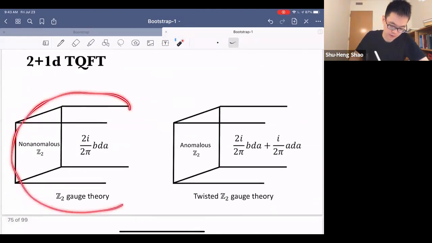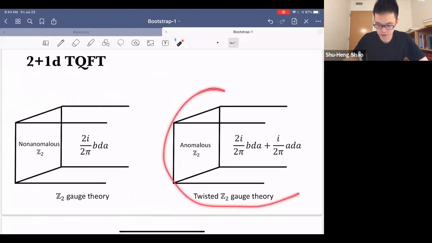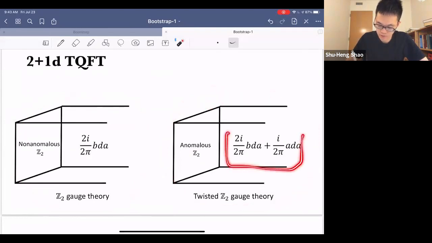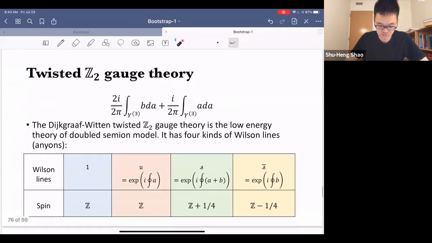So we were talking about this part of the story. What about this part? Now we have to look at this gauge theory. It's similar to the Z2 gauge theory, but now you have an additional AdA twist. This is known as the Dijkgraaf-Witten twisted Z2 gauge theory. And again, it has four different Wilson lines. But because of this twist, you can do the calculation that I outlined earlier.